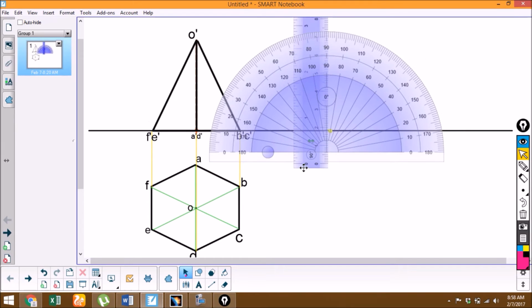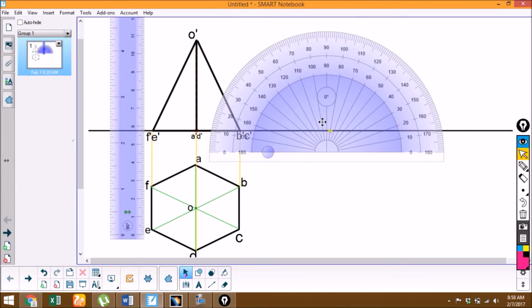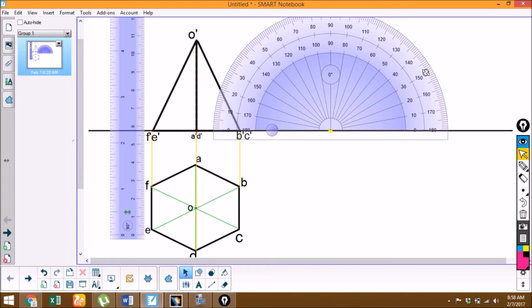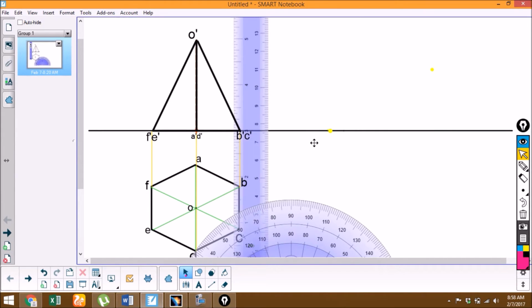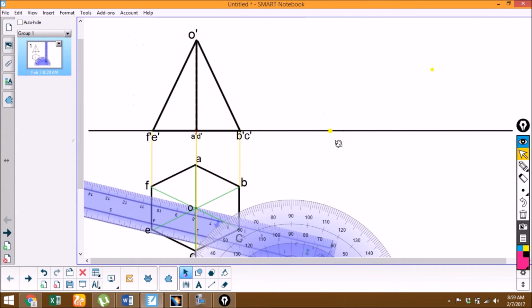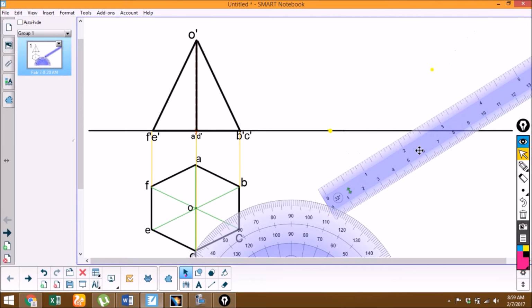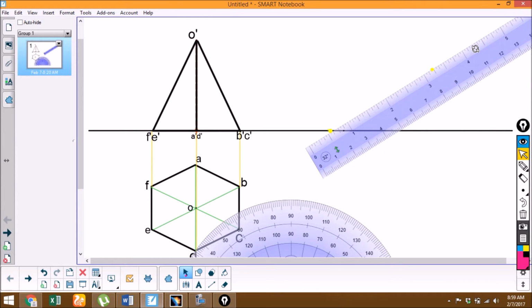Take any point on the XY line and measure the angle 30 degrees with the help of a protractor. Then draw a line, that is the inclined line.